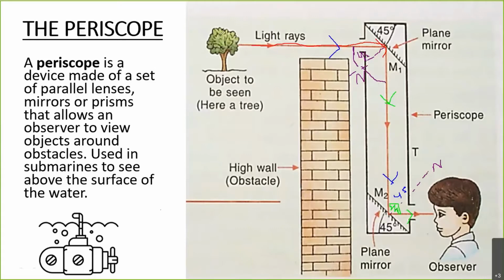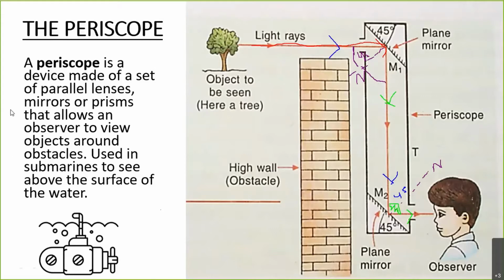Okay? And the reason we can do this is because light always travels in straight lines. So we can change that direction by simply lining up our mirrors at the same angle. Okay? So where is this used in real life? If you think about submarines, they travel under the surface of the water.